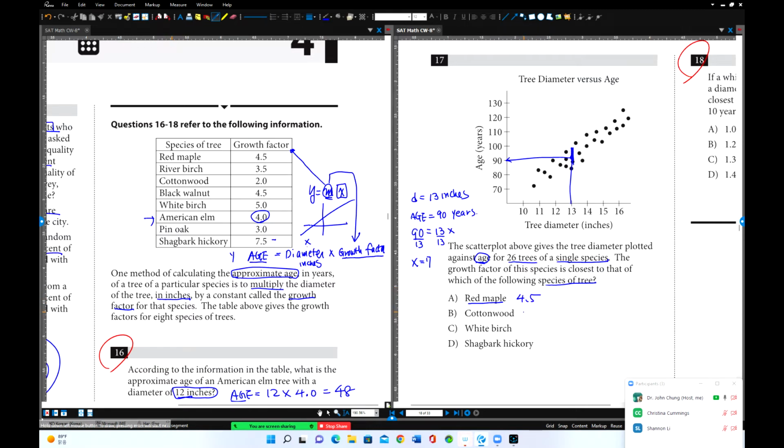Cottonwood, this is too low. I think that is not correct. White birch, 5.0. Shagbark hickory, 7.5. Okay, this is fine, very close to 7. So the best answer is D.